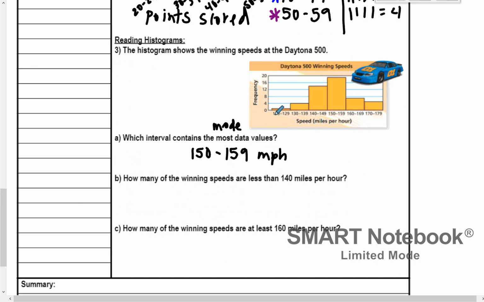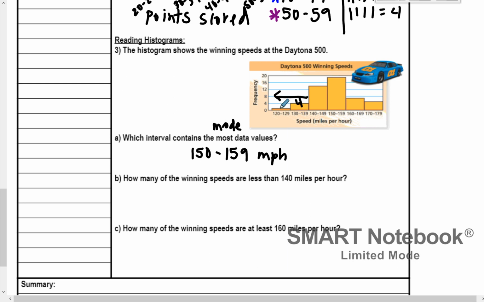How many of the winning speeds are less than 140? So we're going to look down here at our speeds, and we're at 140. We want less than 140. So think, are we going to be using the numbers up here or the numbers this way? We're going to want the numbers that are this way, because these are all the amount of people who said less than 140. All right, so we look at this bar. This bar goes up to 4, so 4 people had said that.